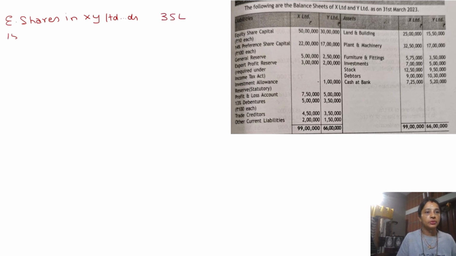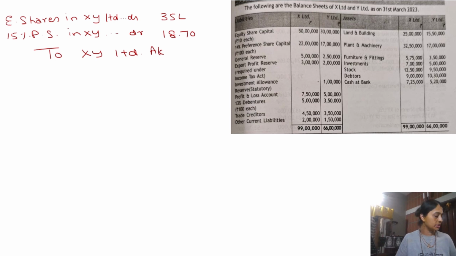Then 15% preference shares in XY Limited debit. How many preference shares they have given? They have given 18 lakh 70,000. You will find this in purchase consideration. Who is giving? XY Limited account. Total PC is 53.70. This is being PC received in the form of equity shares and preference shares.